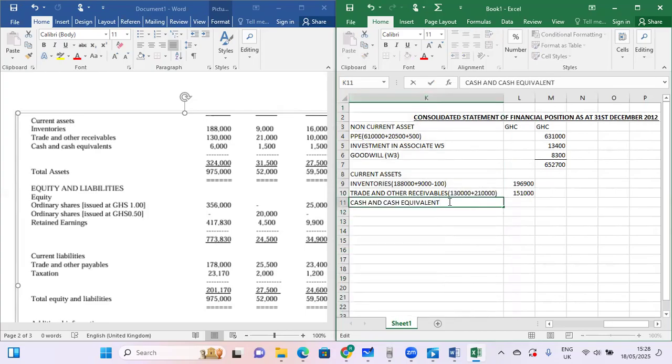So cash and cash equivalent is going to be 6,000 plus 1,500 plus 1,500. If there were to be any cash in transit, you add it to the cash and cash equivalent.